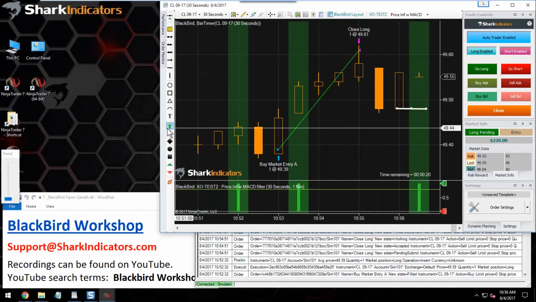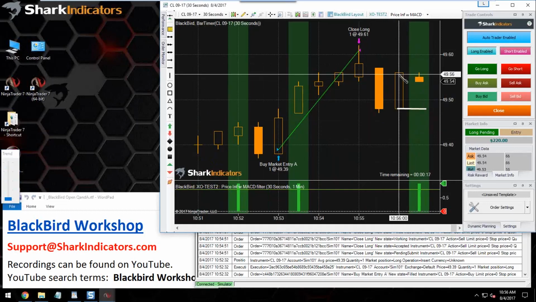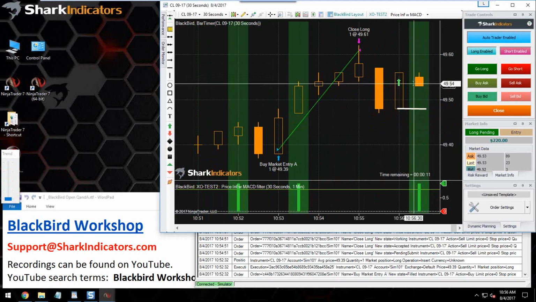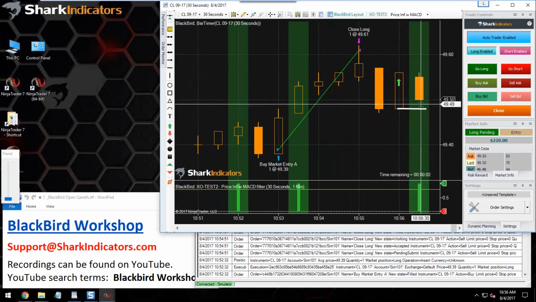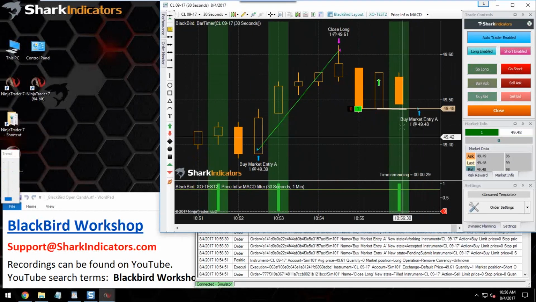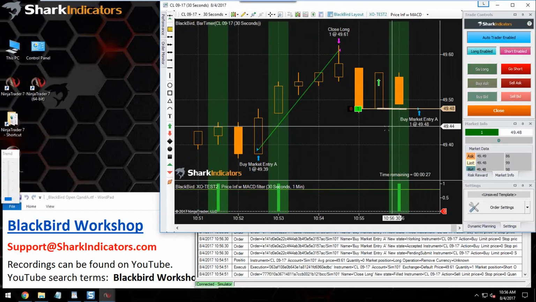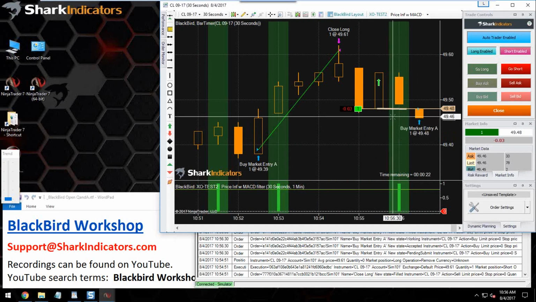The long signal actually came from this bar, but since we're working with calculate on bar close false, it gets pushed over to the next bar as soon as the next bar opens, which is kind of the same thing as waiting for this bar to close. And hopefully, can I get price down fast? Yeah, there we go. And there we go, so we got our long signal there.